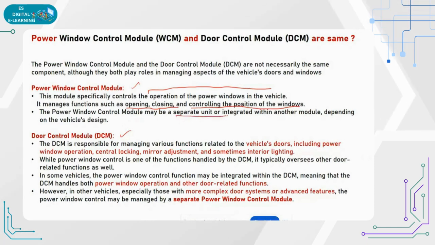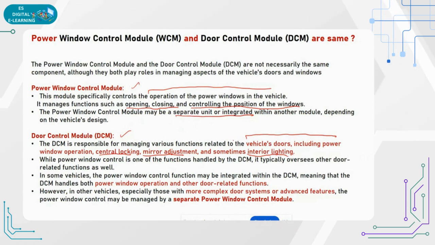And the door control module is there while you operate the windows. It is responsible for opening the vehicle doors, including the power window operation, central locking system and mirror adjustment, and mostly the interior or exterior lighting. Some cars have those features.